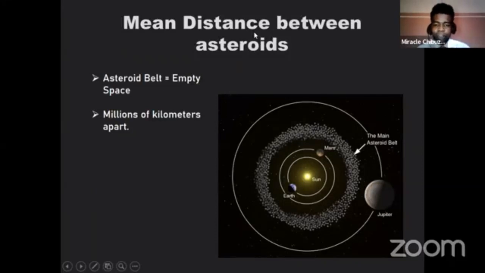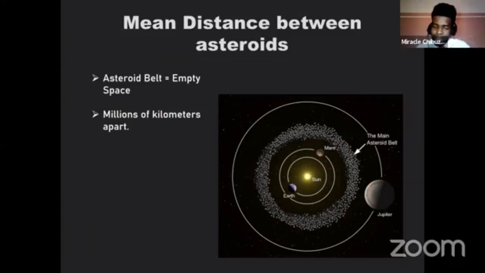Then we have the mean distance between asteroids. Now, if you look at the typical pictures of the asteroid belt, the typical pictures you see on the internet, it is drawn like this. From this, you might think that it is compact, I mean, there's no spacing between one asteroid and the other.